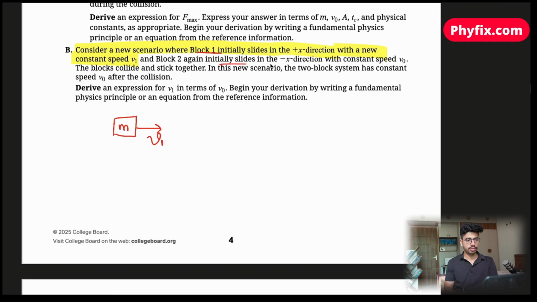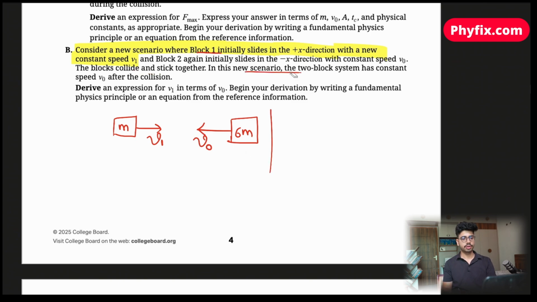The second block is initially sliding in the negative x direction, but this is 6m, moving in this direction with v naught. And they get stuck together again.